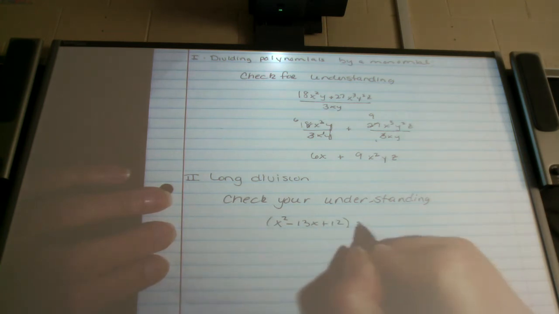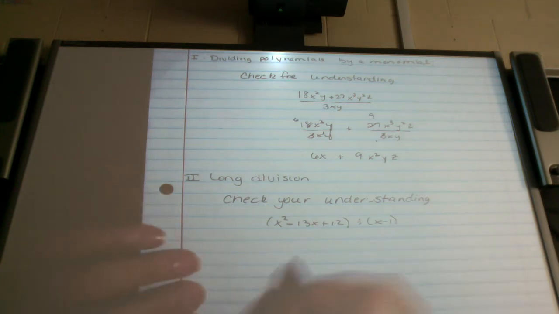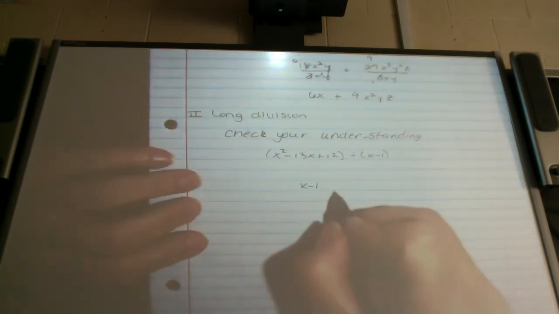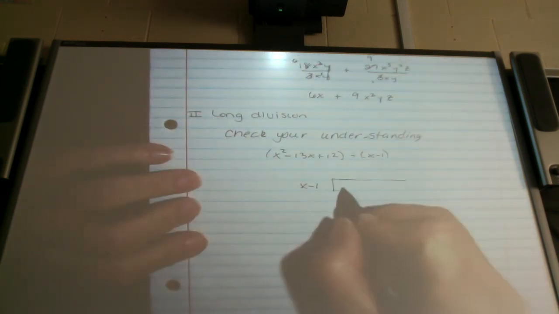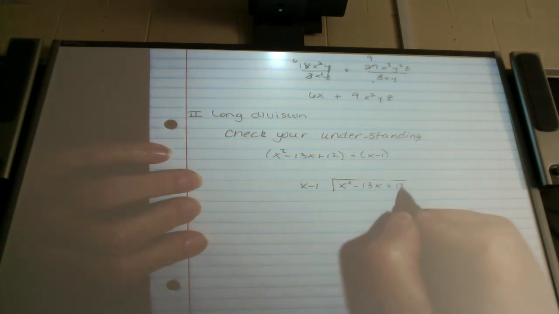And we're going to divide it by x minus 1. When we do long division, the x minus 1 will go outside our division symbol, and inside will be the x squared minus 13x plus 12.